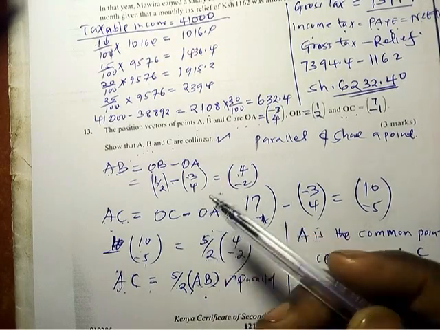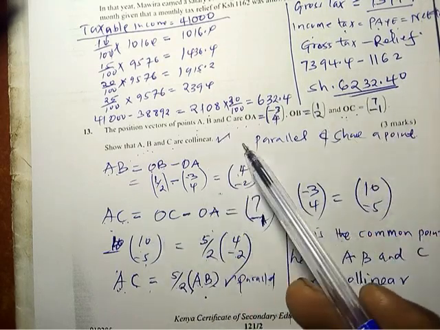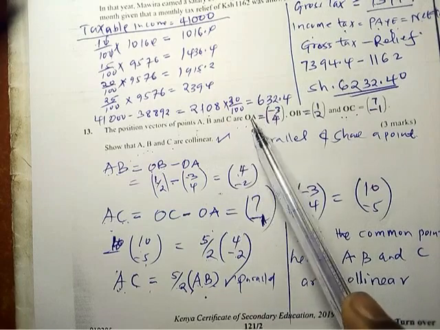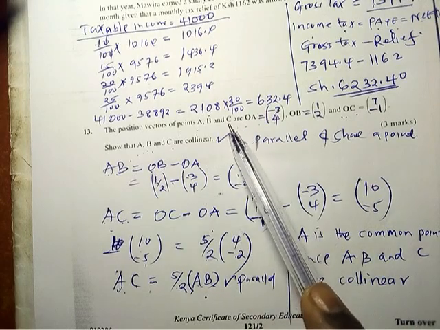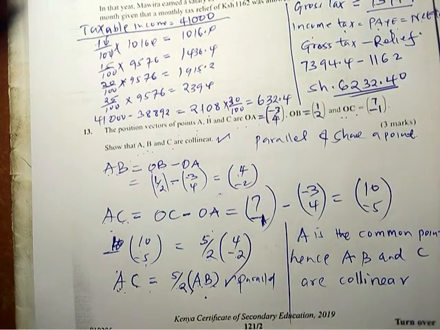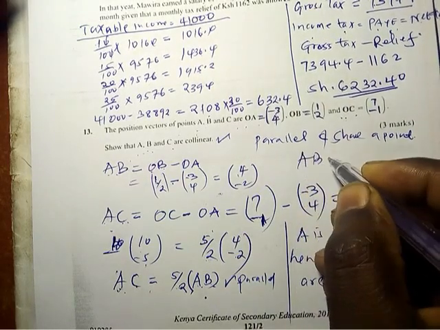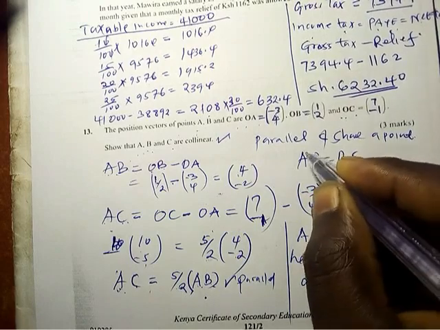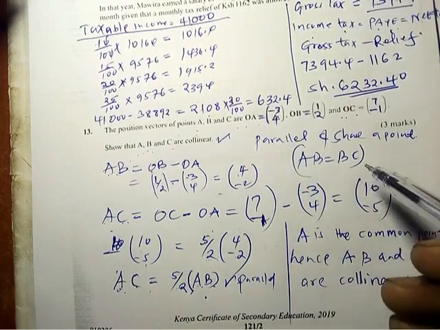So you can show also using any other points. For example, you can show AB, BC. You can even show that.